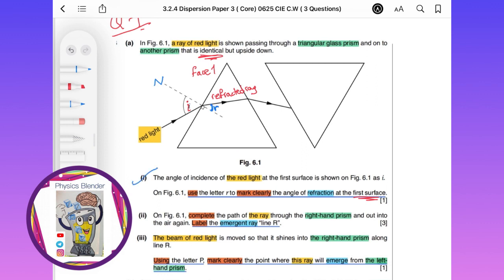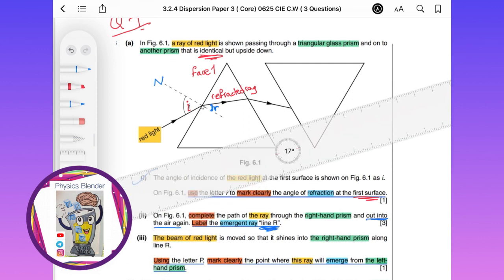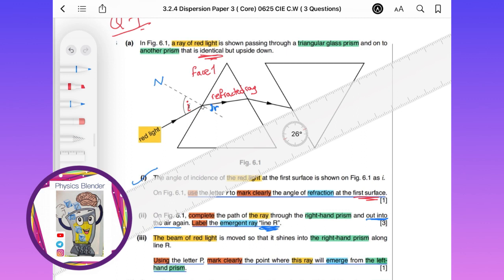On the figure, complete the path of the ray through the right hand prism and out into the air again. Label it the emergent ray, and we will label it as capital R. I have to use the ruler, so I will draw the normal to the face.